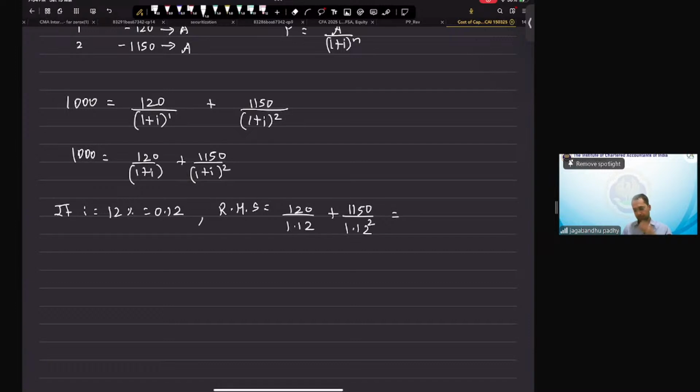If I'm assuming that the rate of return is 12%, what is the value of RHS? 120 upon 1.12 plus 1150 divided by 1.12 square. Give me the value of this expression, guys.